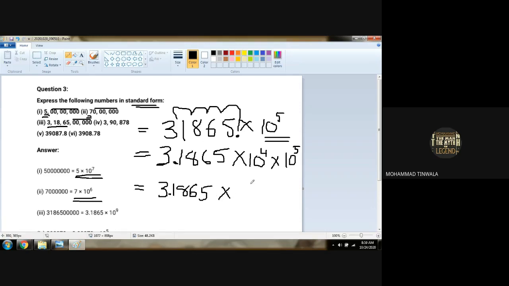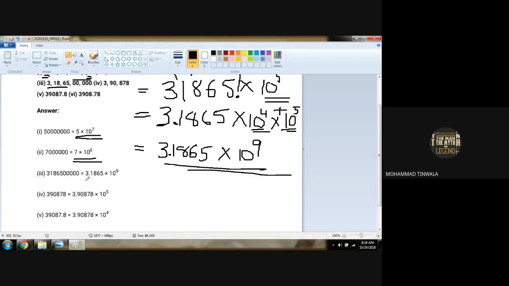Now what is the law of exponent? When base is same, then 10 as it is, power will be added to each other. That means 4 plus 5 will be 9. So 3.1865 into 10 raised to the power 9 is our answer.